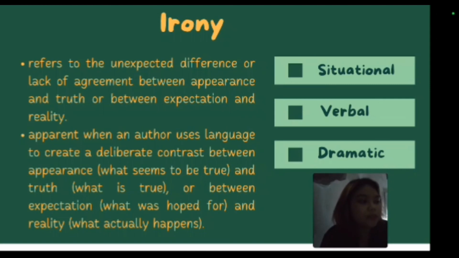Or did one character do something in the story that is far from his personality? That is an irony. Those are the things that we expect, however it is not really what happens in reality.